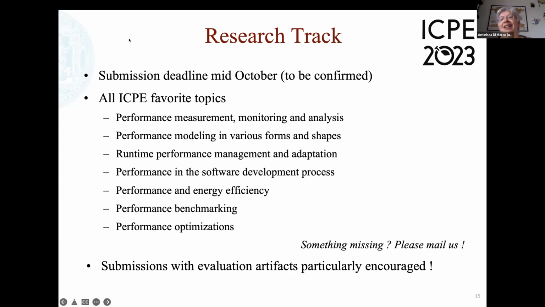So in case you have any idea, please email me and Peter. We will also be happy to have evaluation artifacts. For any suggestion, please email us. And thank you to Peter, who will be my colleague in the program chair service. Thanks a lot.